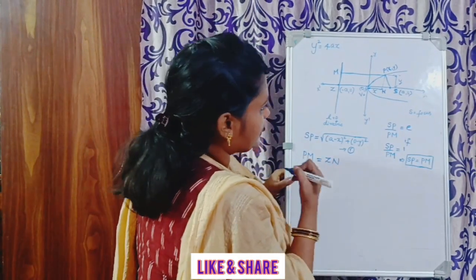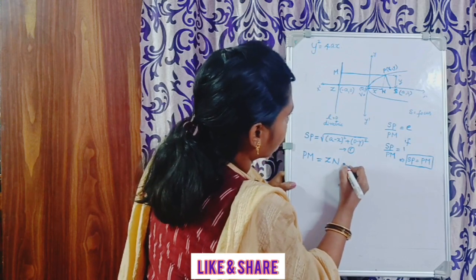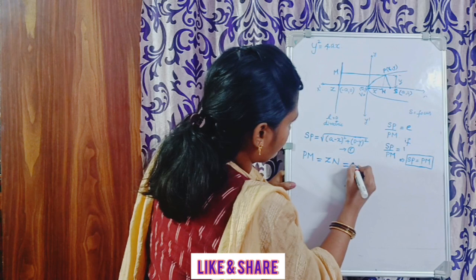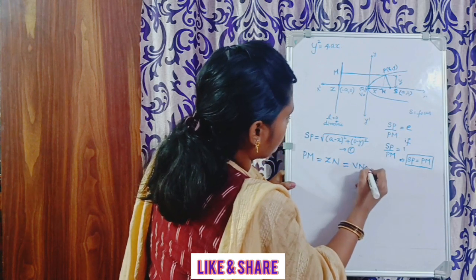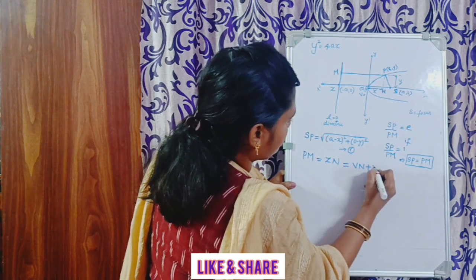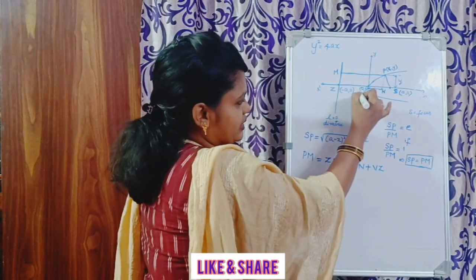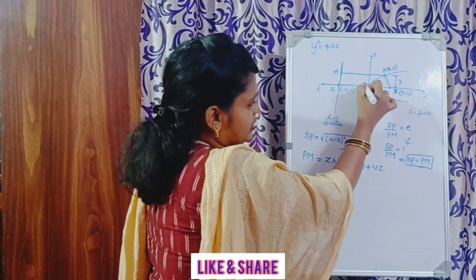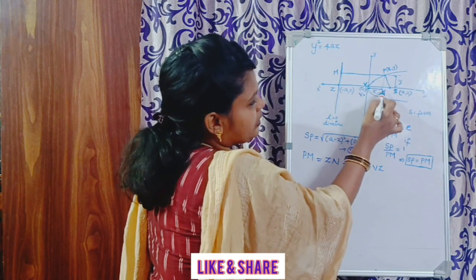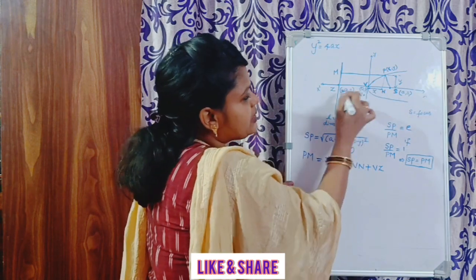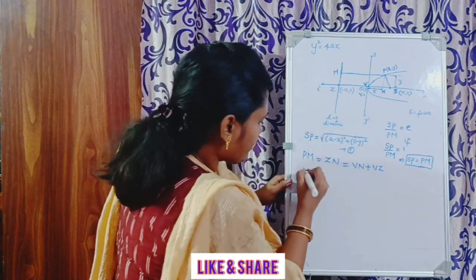And ZN I can write as VN plus VZ, where V is the vertex, the origin.